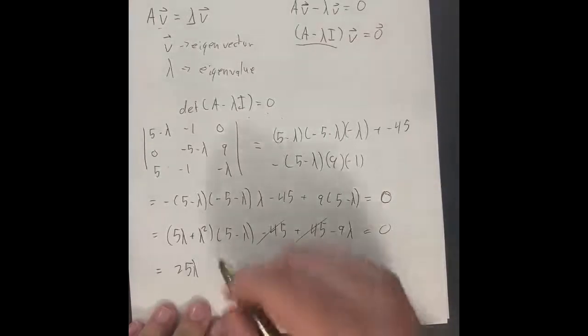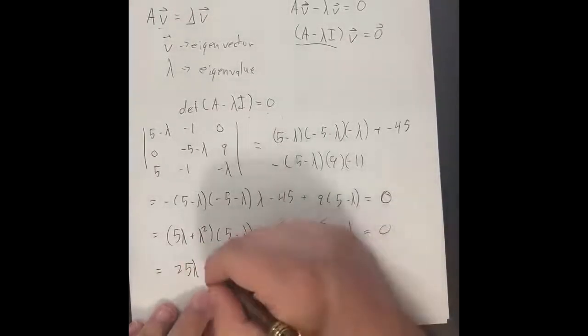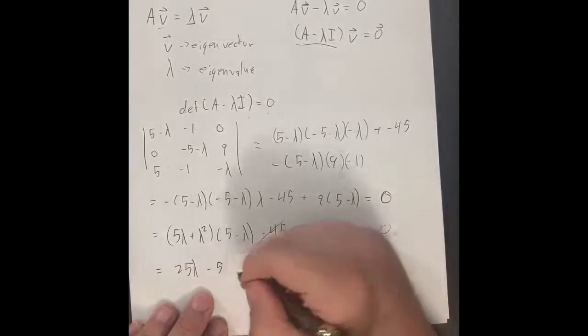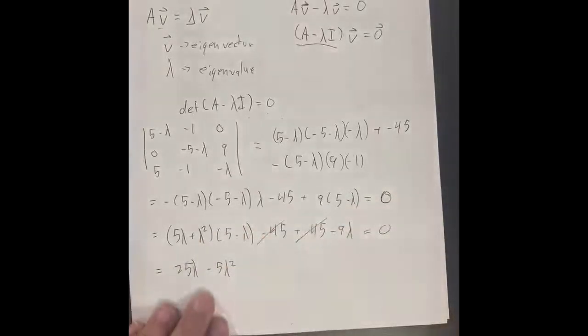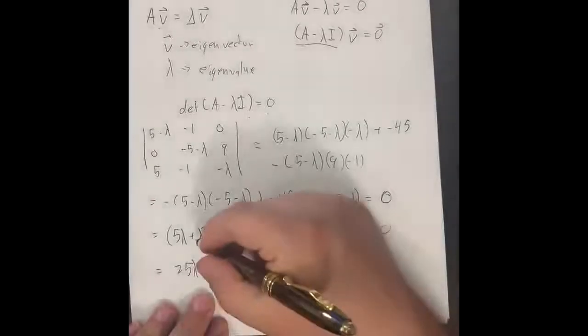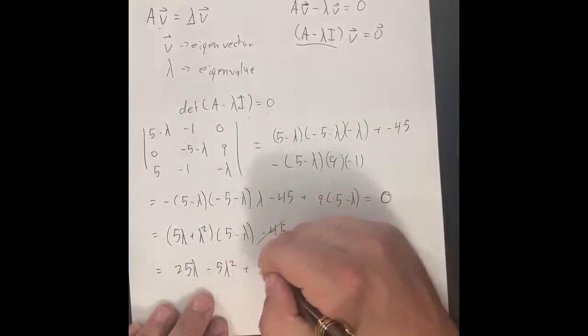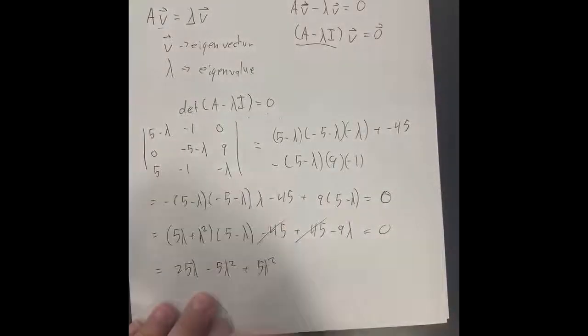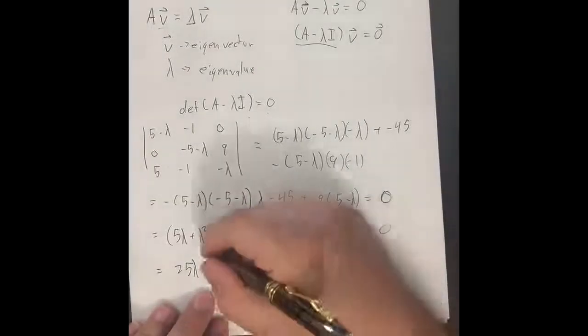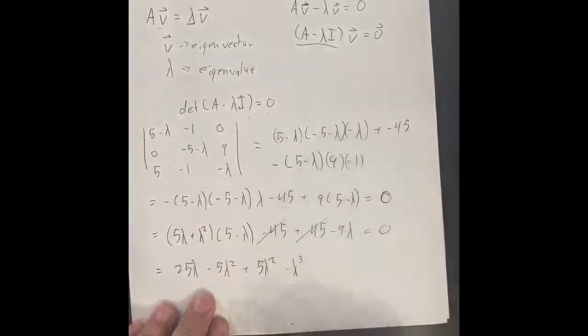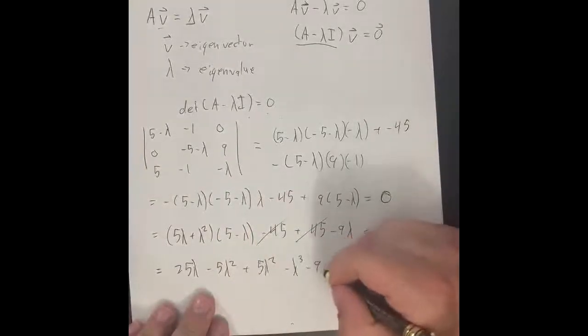We have 5 lambda times minus lambda, minus 5 lambda squared. And then we have lambda squared times 5, which is plus 5 lambda squared. And then minus lambda squared times lambda, minus lambda cubed, minus 9 lambda.